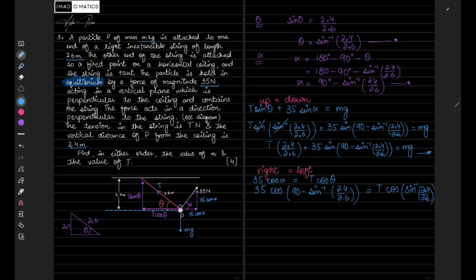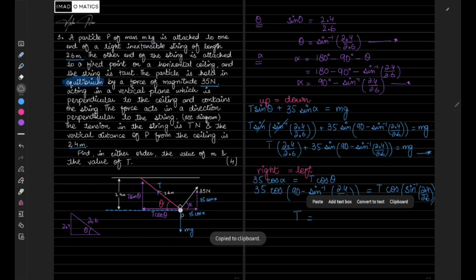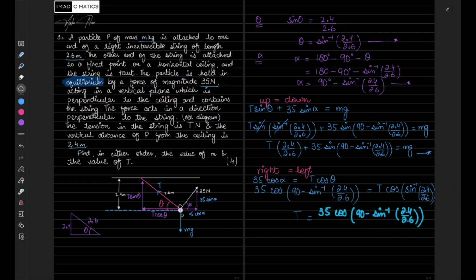Now just find out T out of it. So we'll get T to be equals to this whole divided by cos of sine inverse of 2.4 over 2.6. I know you think it seems to be a little difficult, a big working for you to write again and again sine inverse of 2.4 over 2.6, but it will help you getting the accurate results.